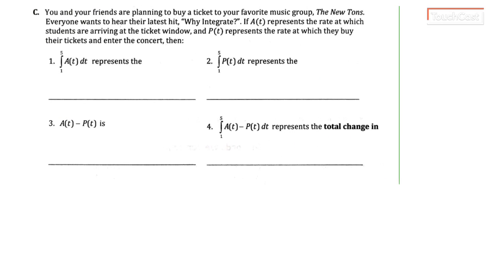So then in part C of example 1, you and your friends are planning to buy a ticket to your favorite music group, the Newtons. Everyone wants to hear their latest hit. Why integrate?